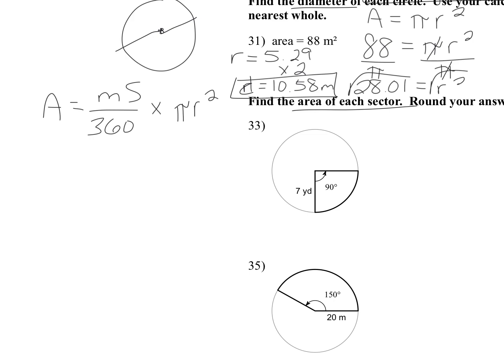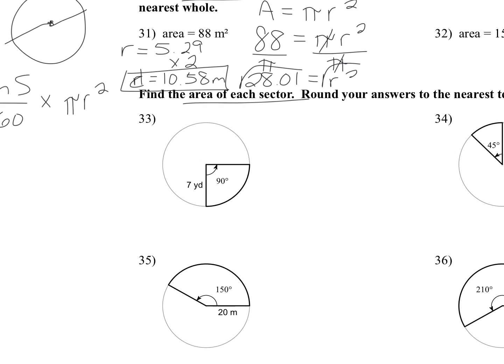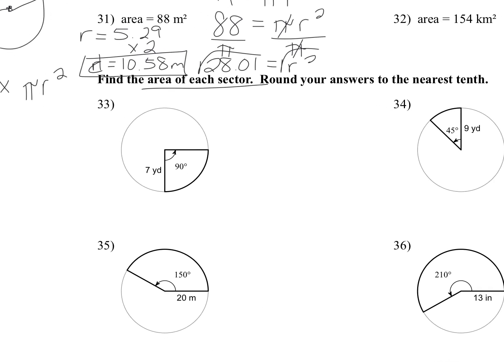Now, just plug in what you know. What's the measure of the sector on 33? 90 divided by 360. Yep, follow that formula. Times pi, what's the radius? 7 squared.